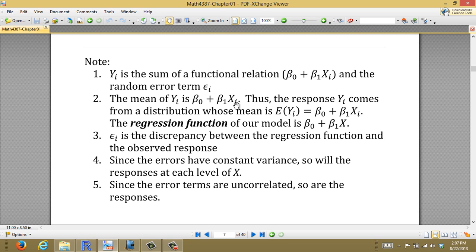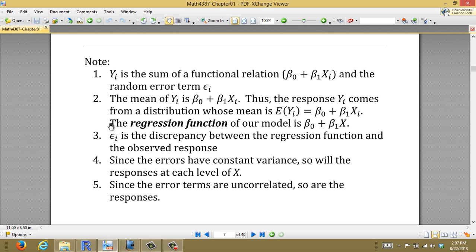So the response y sub i comes from a distribution that has mean, or expected value, equal to beta naught plus beta 1 xi. And this inner part, this kernel, is called the regression function. The regression function of our model is beta naught plus beta 1x. So this is the functional relation part of our simple linear regression model.